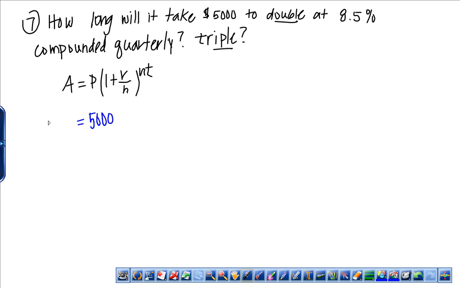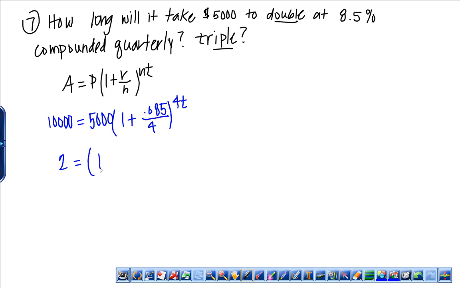So if we double it, that would be 10,000. We start with 1 plus our rate, which is 0.085. Our n is going to be quarterly, so that would be 4 times a year. So if we divide that, that's going to be 2.